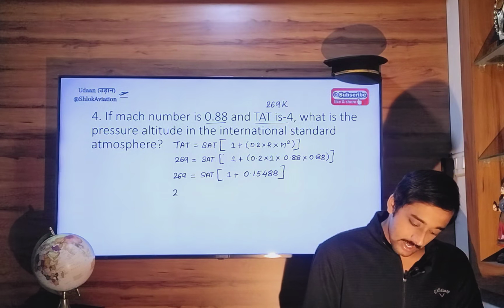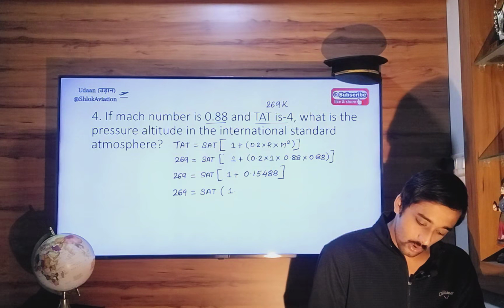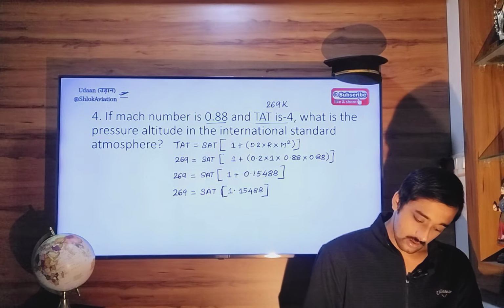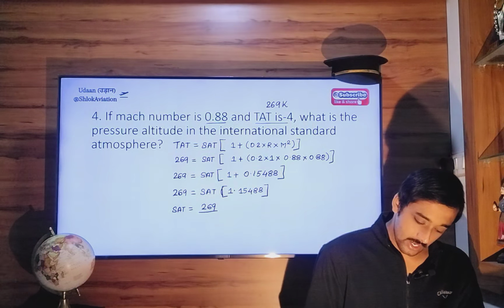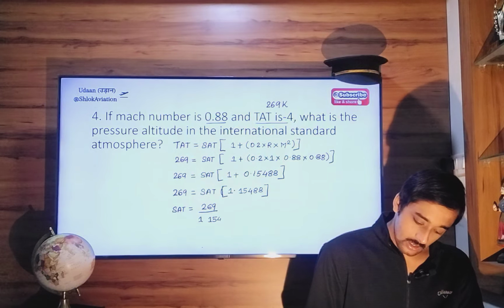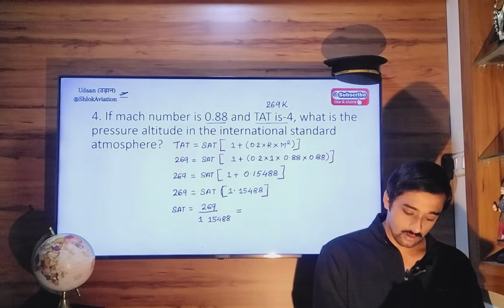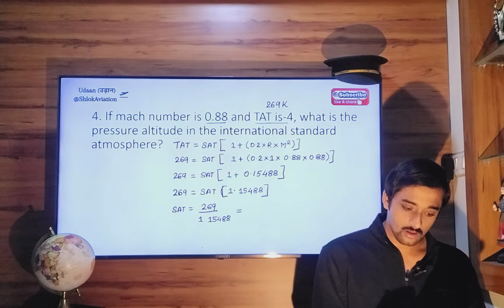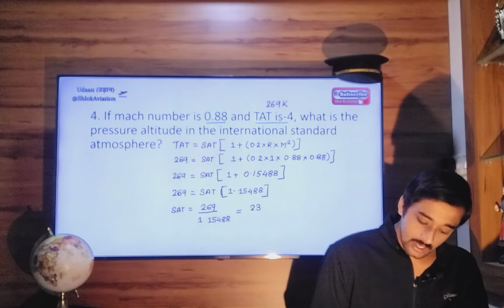So 269 equals static air temperature times 1.15488. So static air temperature equals 269 divided by 1.15488. That is equal to 232.9 or 233 Kelvin.